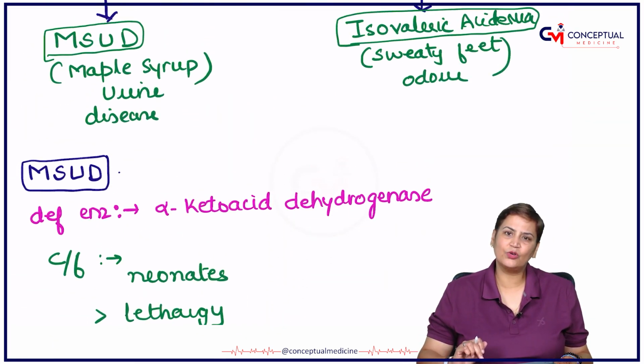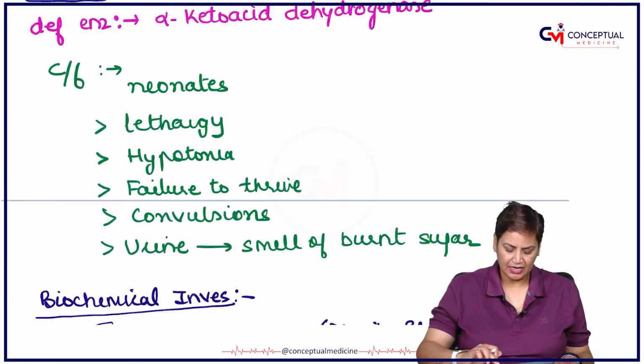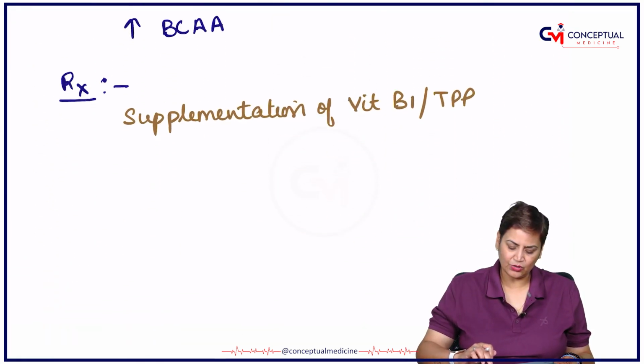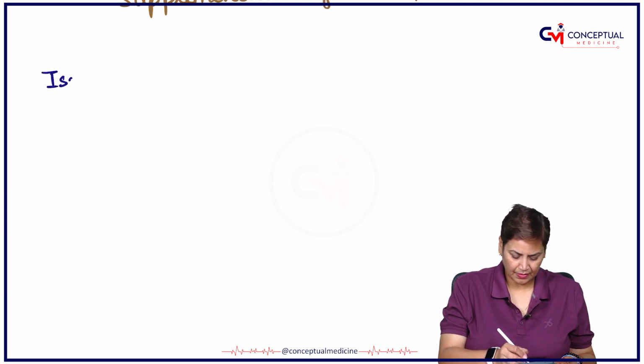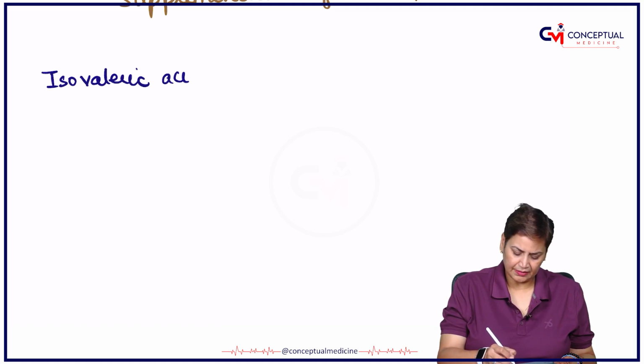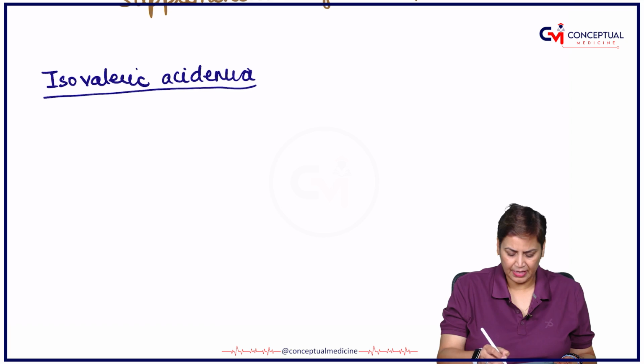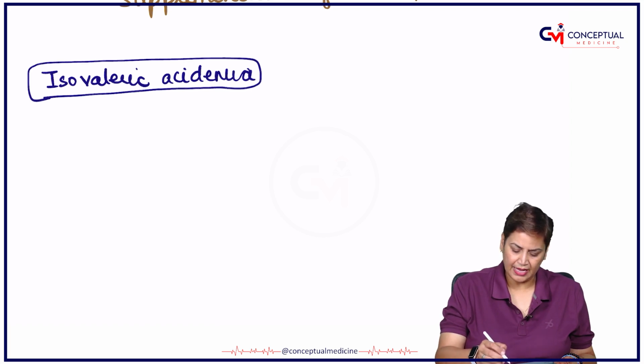Second is isovaleric acidemia. Now what happens in isovaleric acidemia? This is also known as sweaty feet odor syndrome.